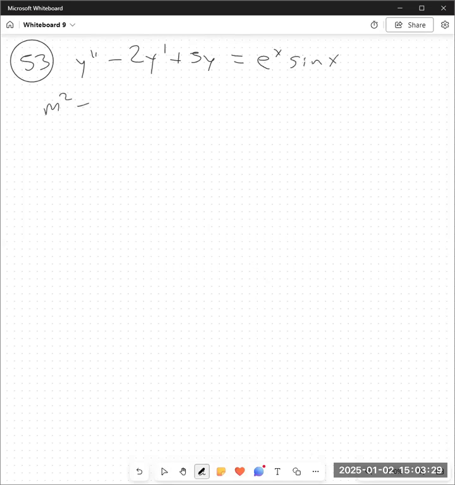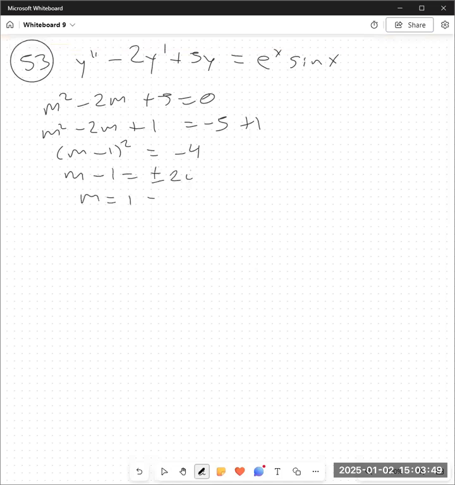M squared minus 2m plus 5 equals 0. M squared minus 2m equals a negative 5. Half of the middle number squared is a positive 1. M minus 1 squared equals a negative 4. M minus 1 equals plus or minus 2i. M equals 1 plus or minus 2i.